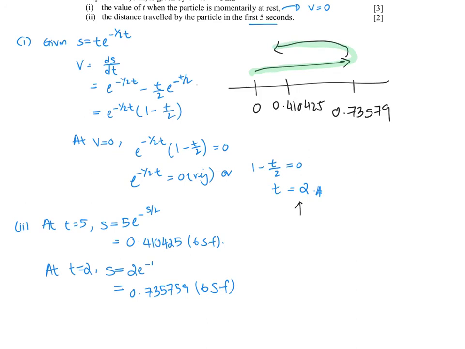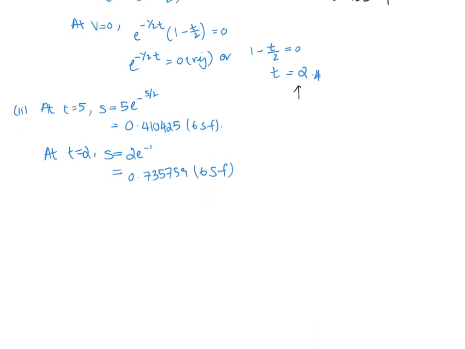Alright, so let's write it out. The distance traveled, we can call it the total distance, will be 0.735759 plus 0.735759 minus 0.410425.